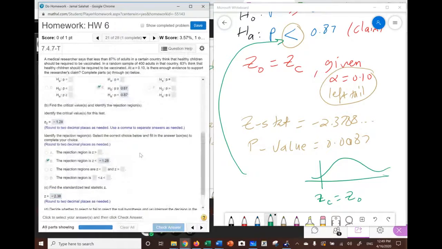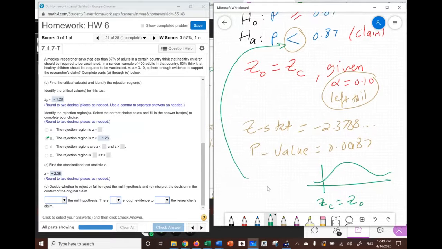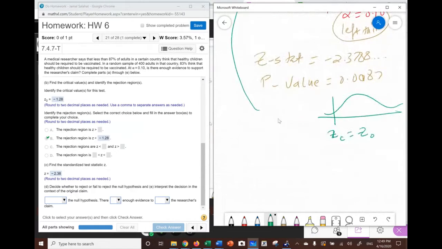Now the next step will be taking the decision in here. Decide whether to reject or fail to reject the null hypothesis. We have to be careful in here. Let's go back to our test. Notice that I need to take a decision. So my decision, and I always like to take a decision based on p-value and alpha.